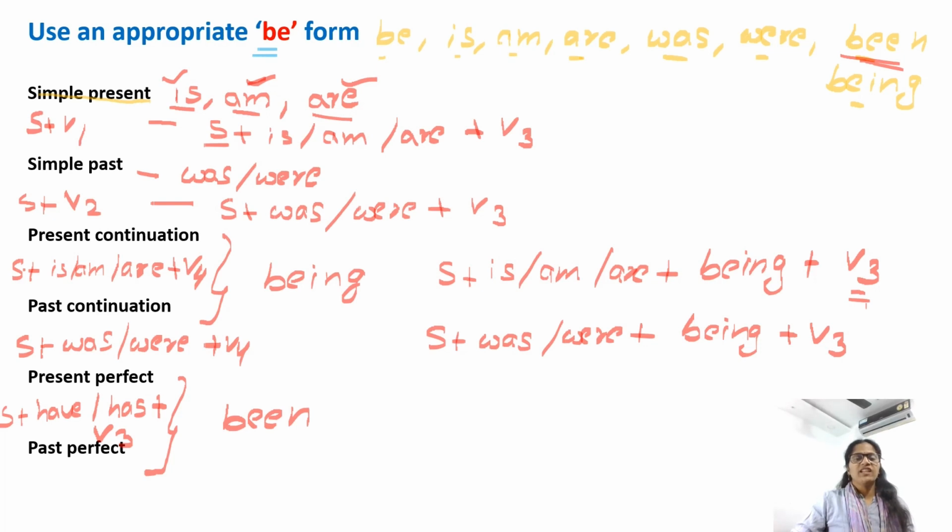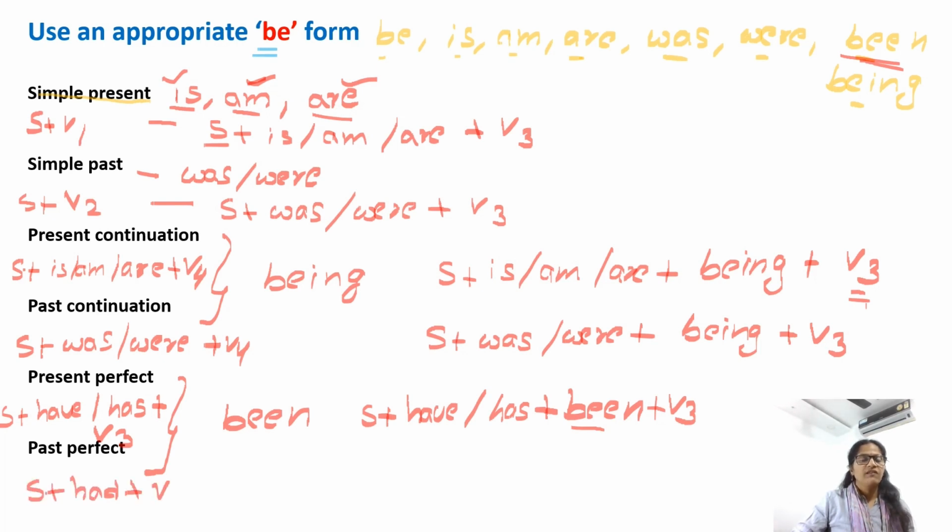Structure of present perfect in passive voice: subject plus have or has plus been plus the V3 form of a verb. The structure of a sentence in past perfect in active voice is subject plus had plus the V3 form of a verb. In passive voice, subject plus had plus been plus the V3 form of a verb. Hope you understood up to here. In passive voice, we must add an extra be form to the sentence.